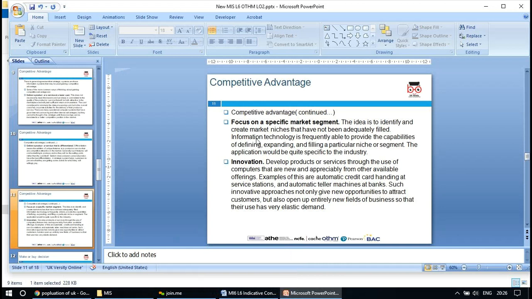So in the next LO, we will go further into detail about which strategy they need to follow, how to implement the strategy, and what the different models are which focus on the strategies.